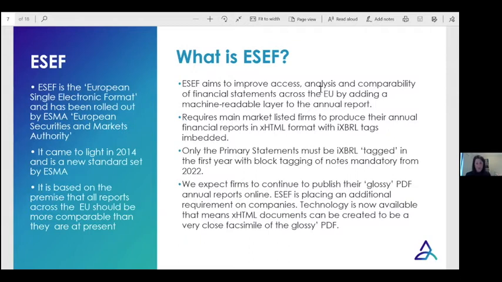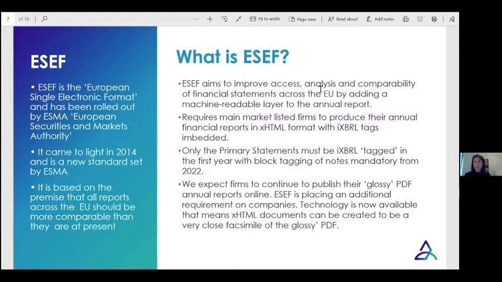So all main market listed firms are required to produce their annual reports using the iXBRL tagging in XHTML. But it's only the primary statements initially that will be tagged.